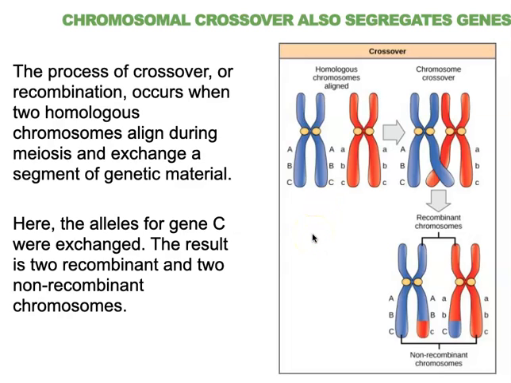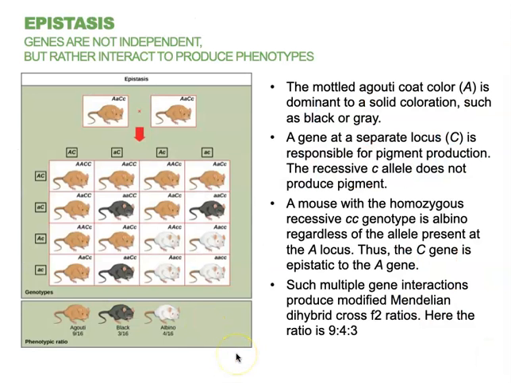And that's truly what makes you and your life amazing. But we don't tend to go into that in this class. Now, even though you have this entire possibility of having these genes, we have one more consideration to take under our observation, and that is epistasis events, where genes are not independent, but rather interact to produce phenotypes.